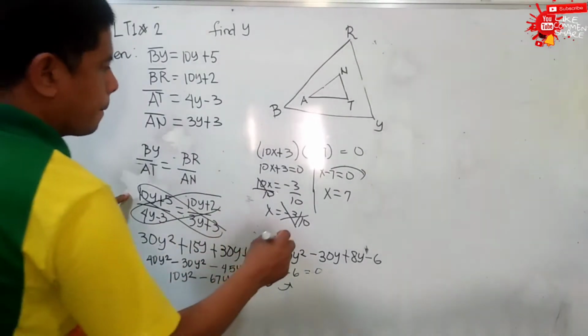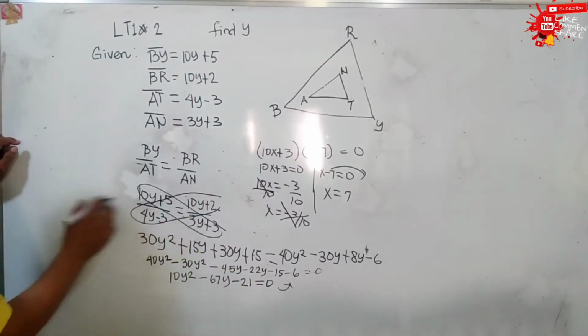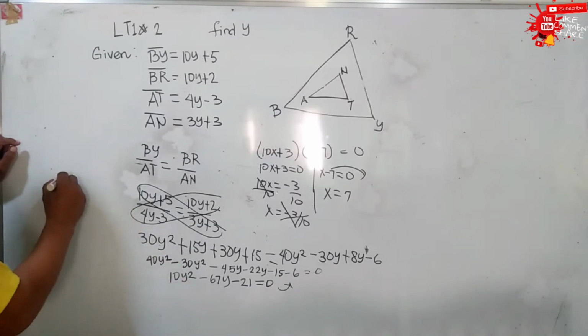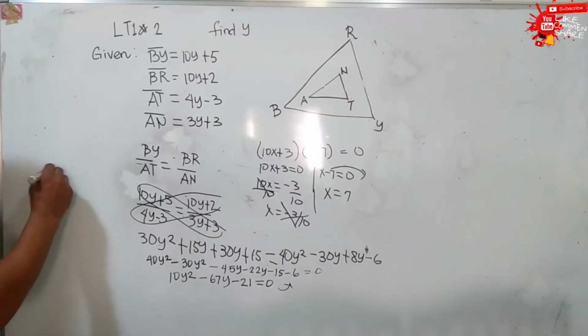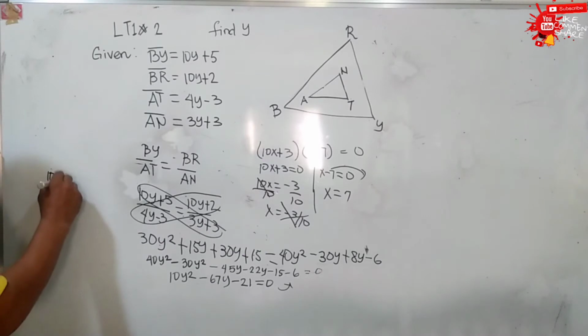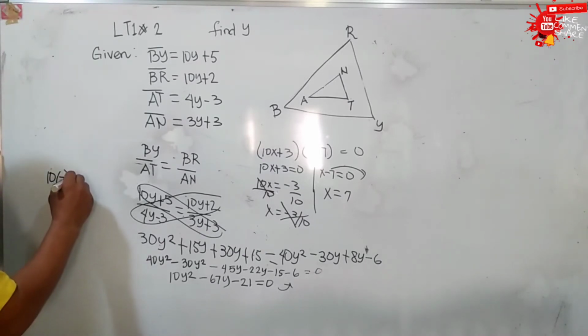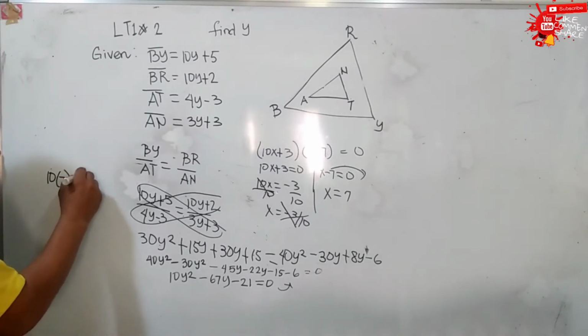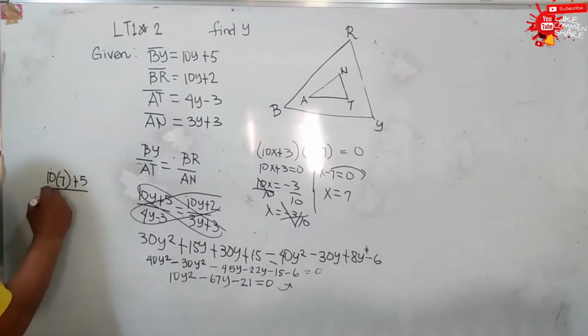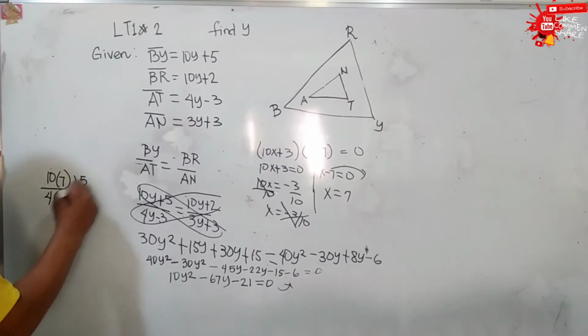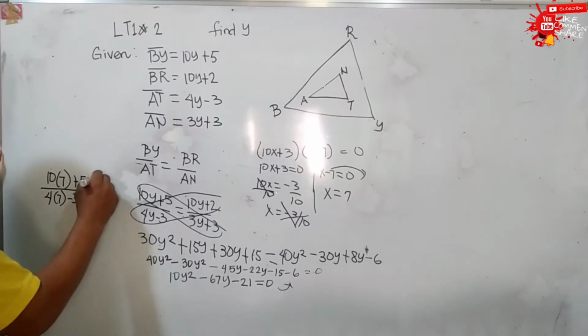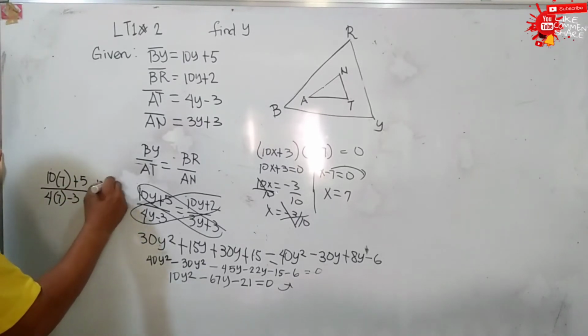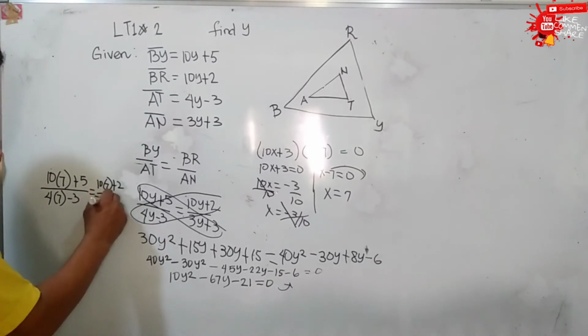So, we have, lagay na natin dito sa left side. So, that is 10 times 7 plus 5 equals 4 times 7 minus 3 equals 10 times 7 plus 2 over 3 times 7 plus 3.